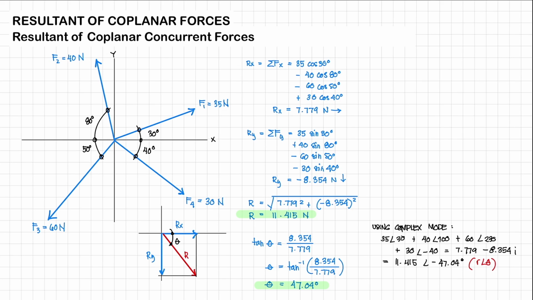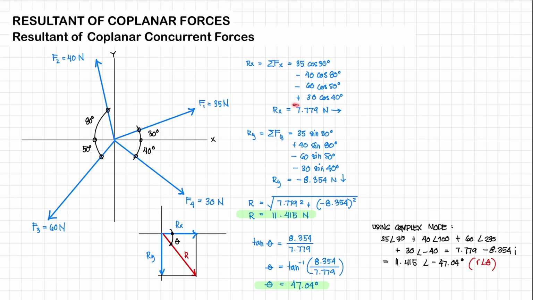So for F1, we have a positive component, so that's 35 cosine 30 degrees. And then for F2, our horizontal component is negative because it's acting towards the left side. So we have negative 40 cosine 80 degrees. And then for F3, we have negative 60 cosine 50 degrees. And then for F4, we have positive 30 cosine 40 degrees.